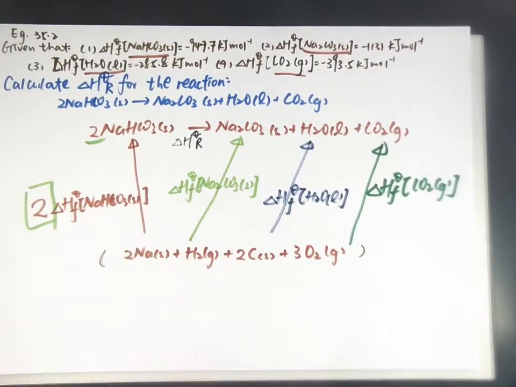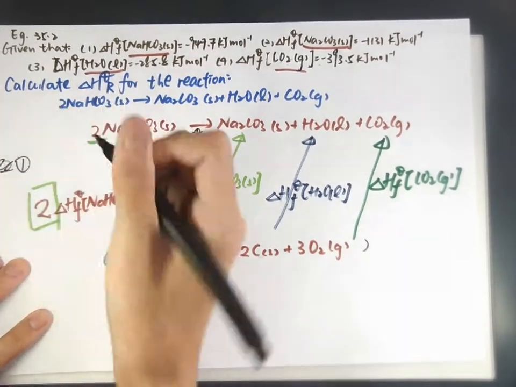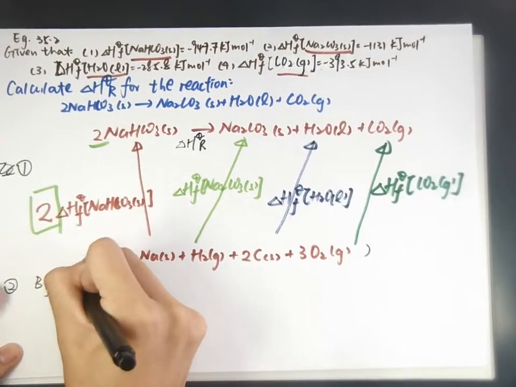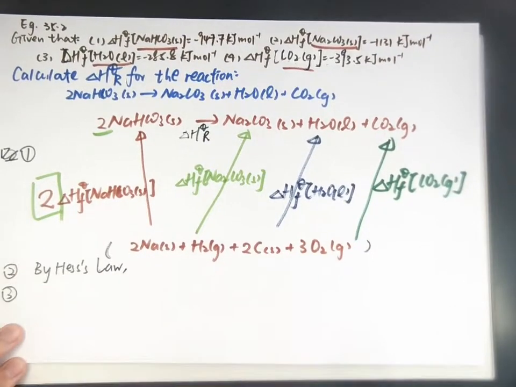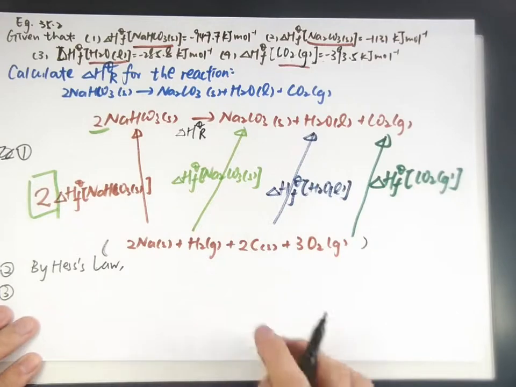Another step, we start calculating. This is step 1. Step 2, we put down Hess's law. We apply Hess's law. In the third step, we put down the clockwise direction and the anti-clockwise direction.